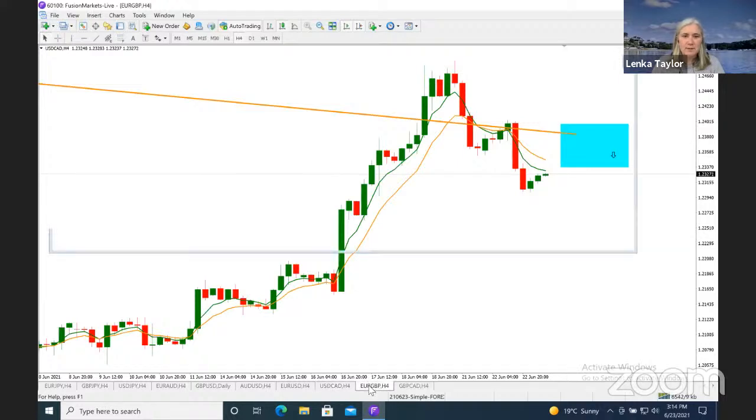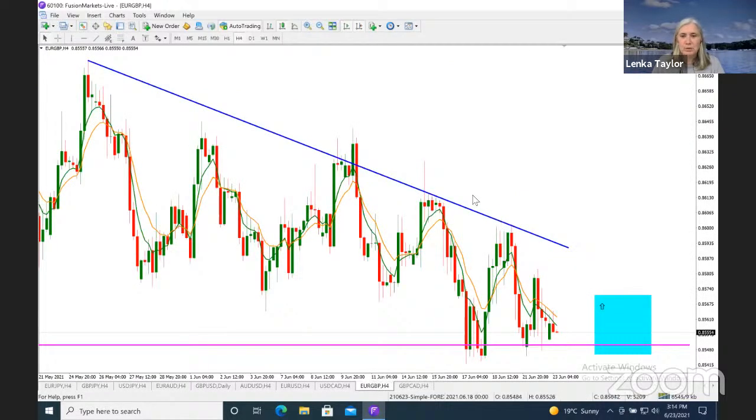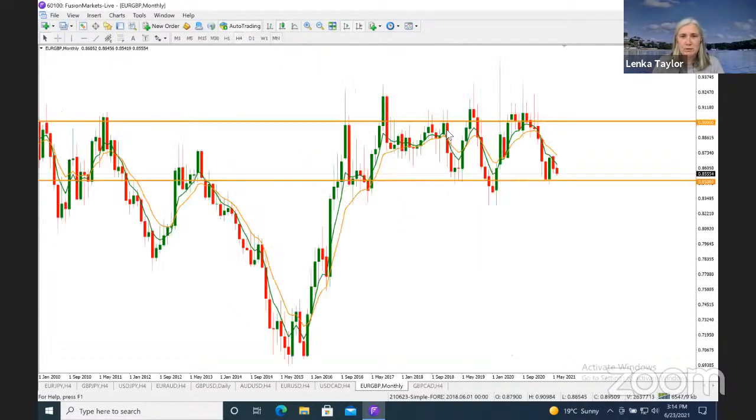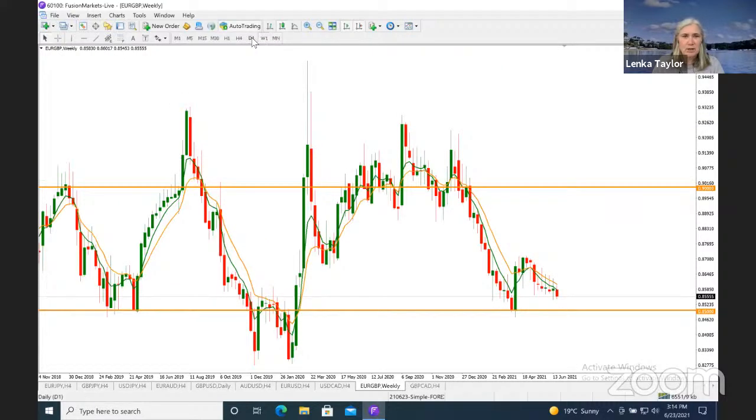Okay, the next currency pair I'm looking at is Euro GBP. This currency pair, I am looking into as a buy in a ranging market. So I'm looking at this range, not really using my trending strategy.